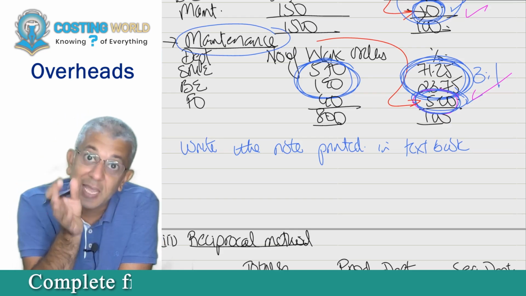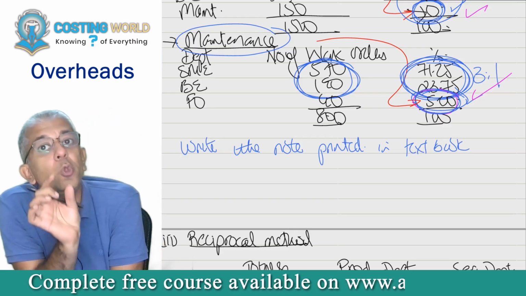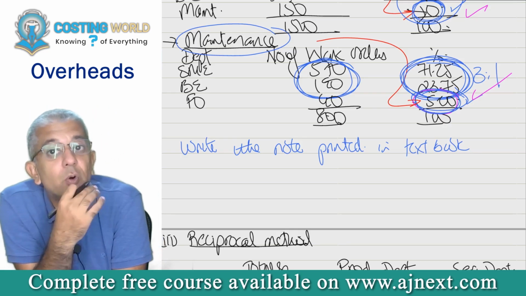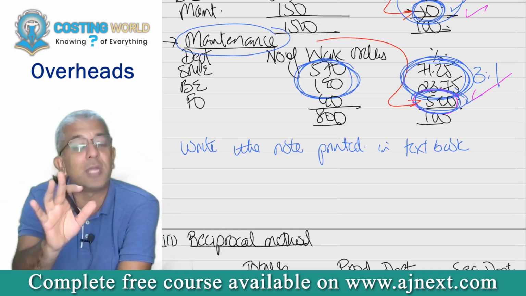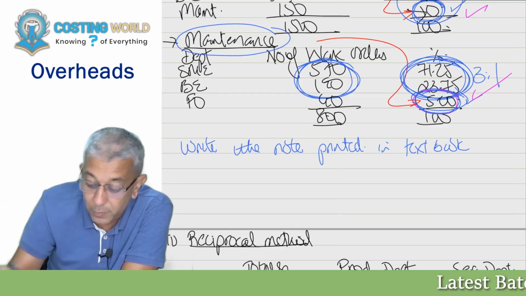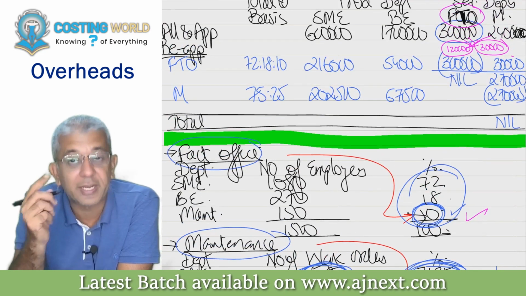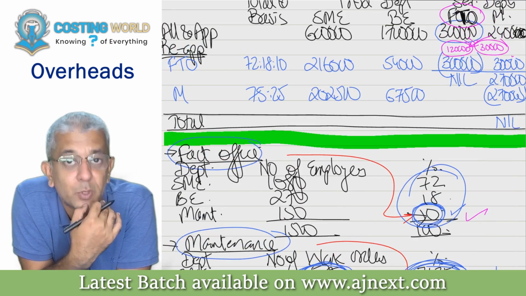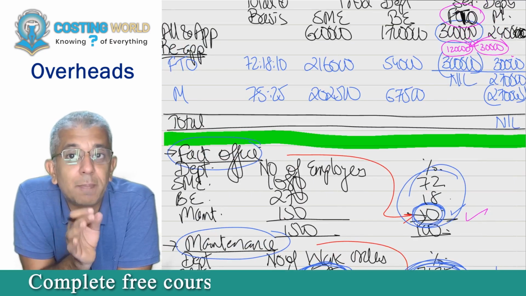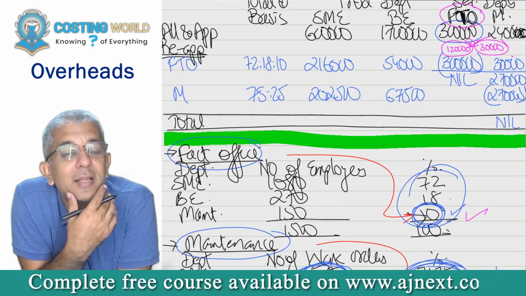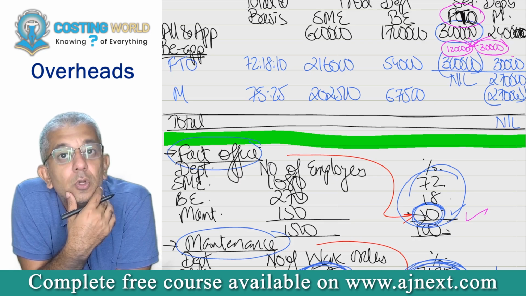Okay, but then if question asks you how you could have ranked them differently, because that is there in question number 27, then what you alternately can be saying, instead of ranking them based upon the percentages, we can also rank them based upon rupees.